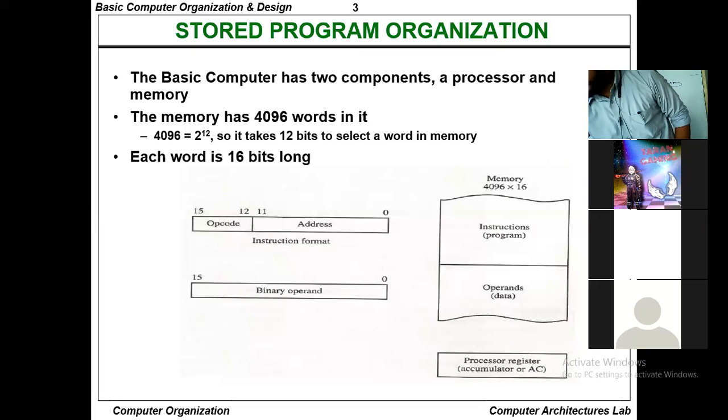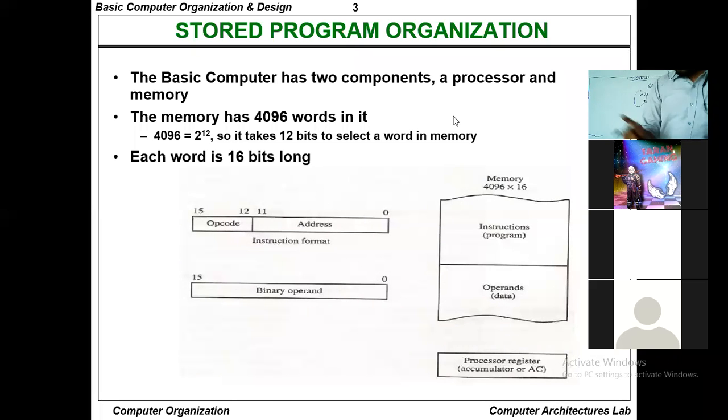एक होता है हमारा डेटा, एक होता है इंस्ट्रक्शन. एक होती हमारी क्या होती है? इंस्ट्रक्शंस और डेटा. This means program and operand. These two, instructions and data, are stored in memory.